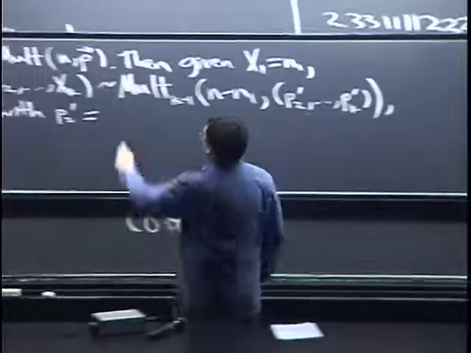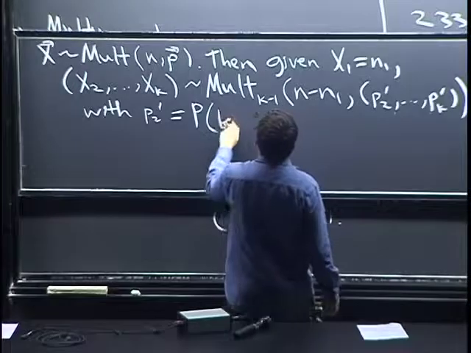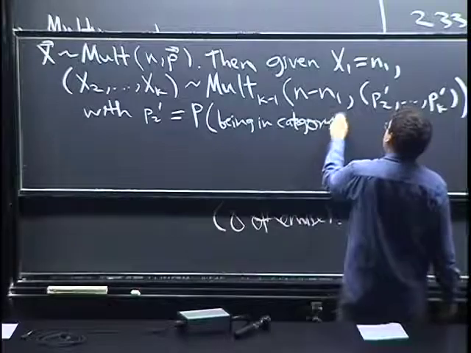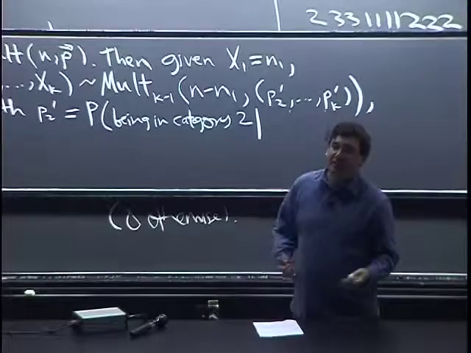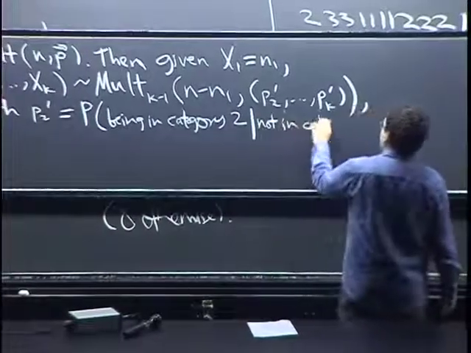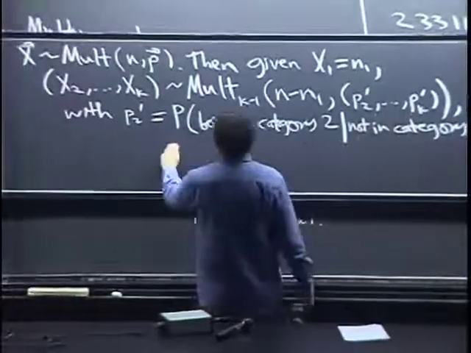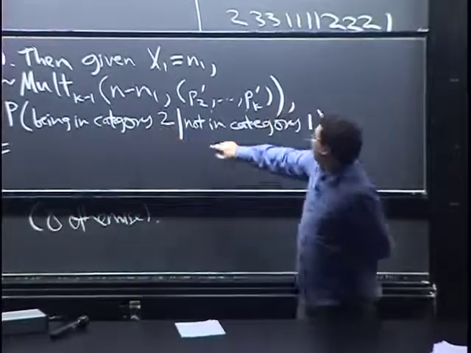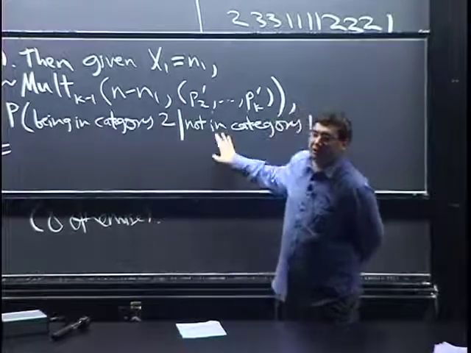But if I want to write that out mathematically, I would say p2 prime equals the probability of a random object being in category 2, given that it's not in category 1, because we've already thrown out the ones that are in category 1. So just by the definition of conditional probability, I'm taking the intersection of these two, but once you say you're in category 2, you know you're not in category 1, so that's redundant.